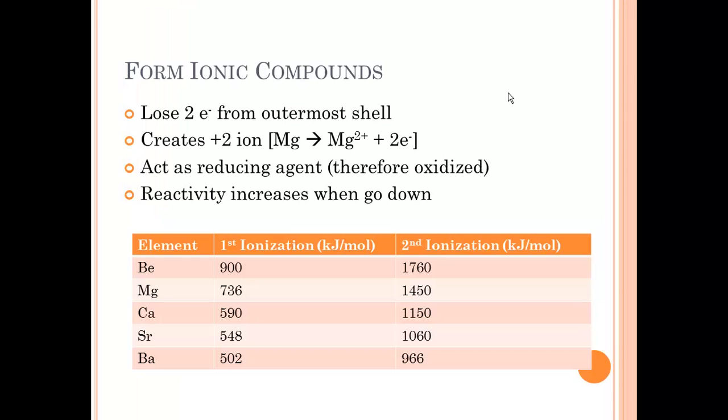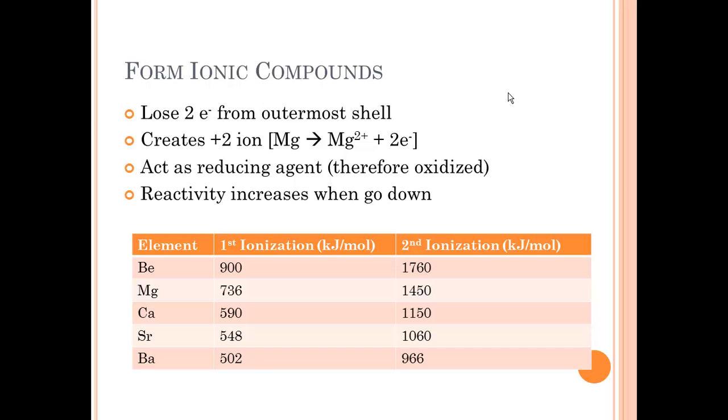Alright, reactions. They form ionic compounds. Obviously, they lose 2 electrons in the outer shell, which creates a 2+ ion. For example, magnesium loses 2 electrons. Therefore, they are oxidized, LEO, and they are reducing agents. Reactivity increases when you go down. That is because of the radius.